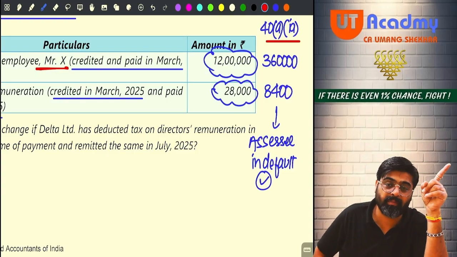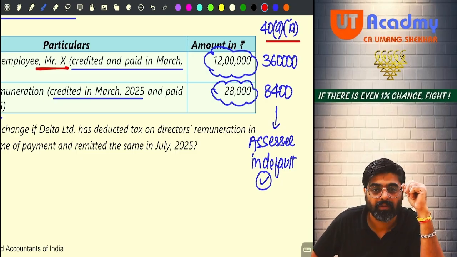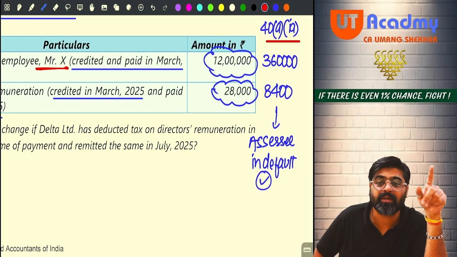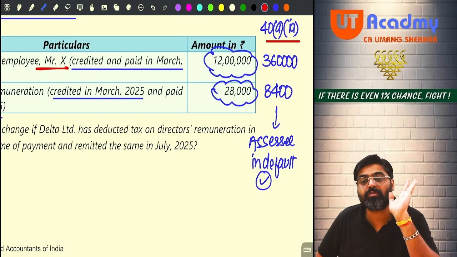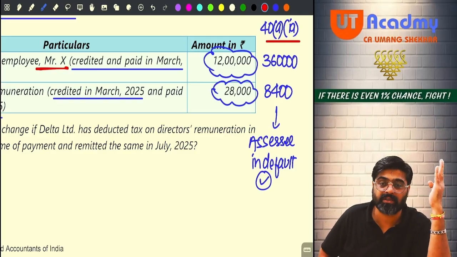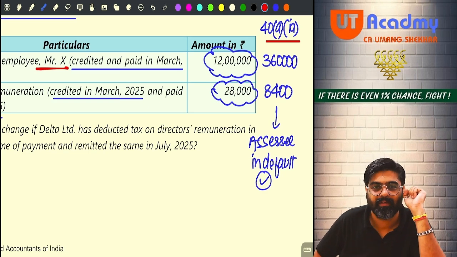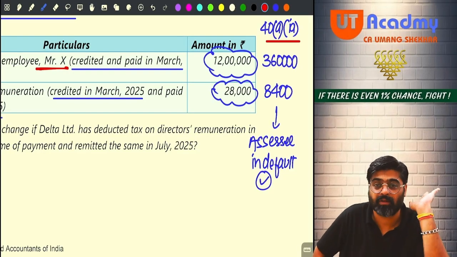But later on, it will be allowed as a deduction in the previous year 25-26, because the TDS was deducted and deposited in 25-26. So the 8,400 amount which was disallowed right now will be allowed as a deduction in 25-26, proviso to section 40A IA will get attracted. But in this year, 8,400 will be confirmed disallowed.